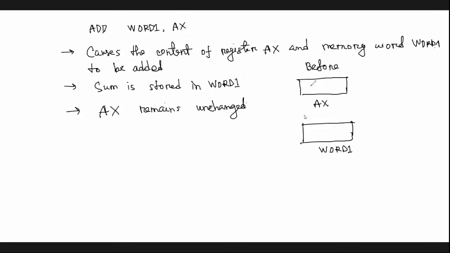Suppose your word 1 has 0009H. And X has 0005H. After add word 1, comma x, okay, so what will be the value after?